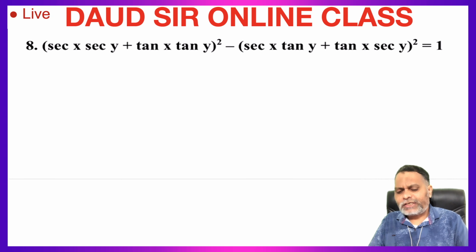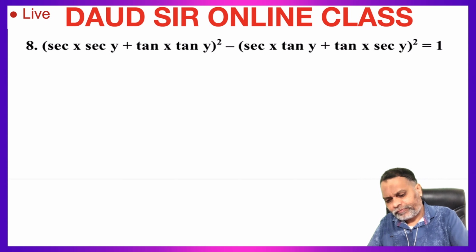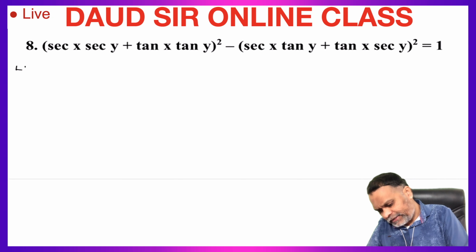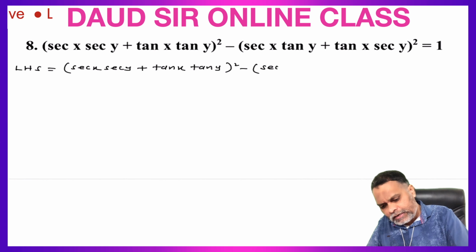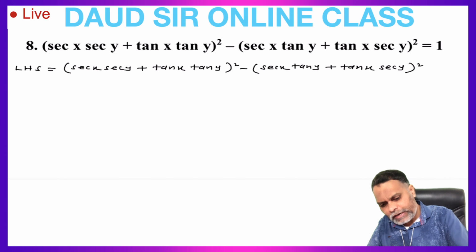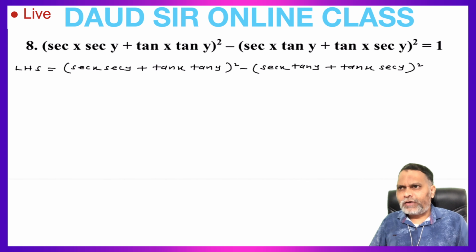So for proving this, taking LHS, left hand side is equal to (sec x into sec y plus tan x into tan y) whole square minus (sec x into tan y plus tan x into sec y) whole square. This we have to prove equal to 1.